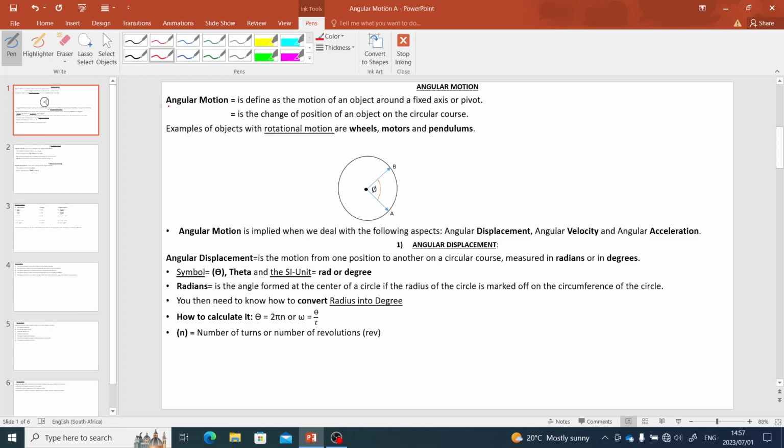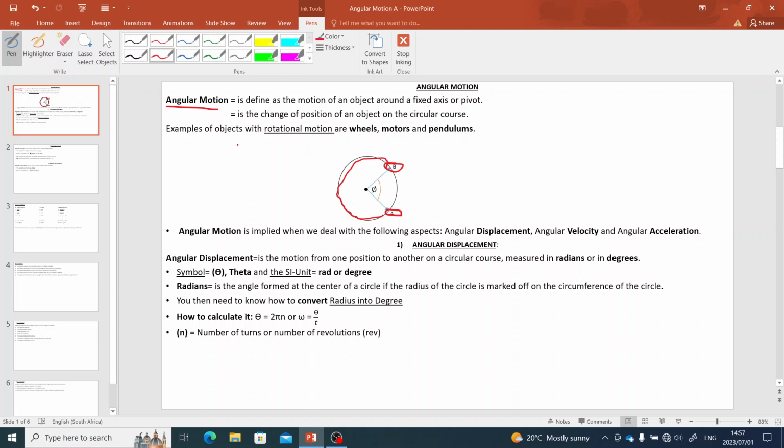That is angular motion: changing position from point A to point B onward on the circular course. That's exactly what they are saying there.